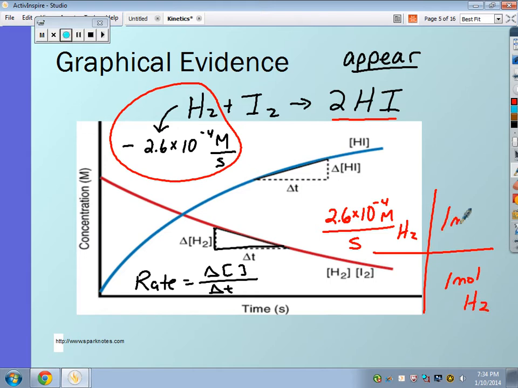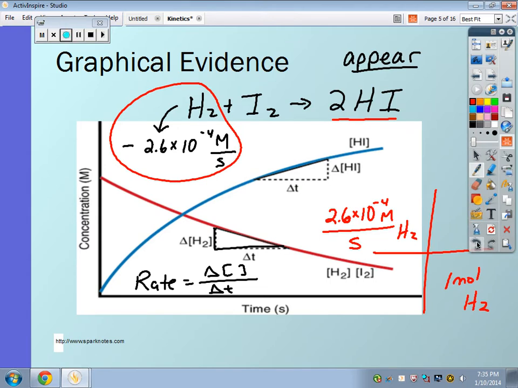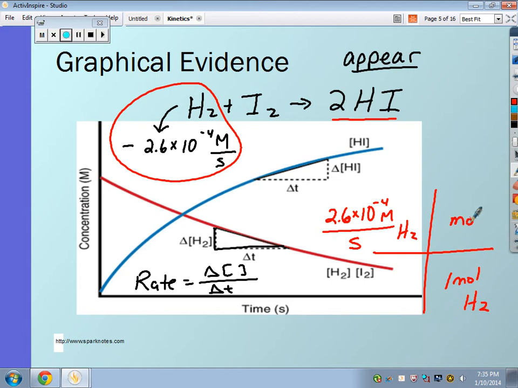You do want moles of HI. And I got 1 from the balanced equation up front here, and I should have 2 here. Do you agree with me that for every one of these that goes away, 2 of these are produced? Yes, indeed, you do.